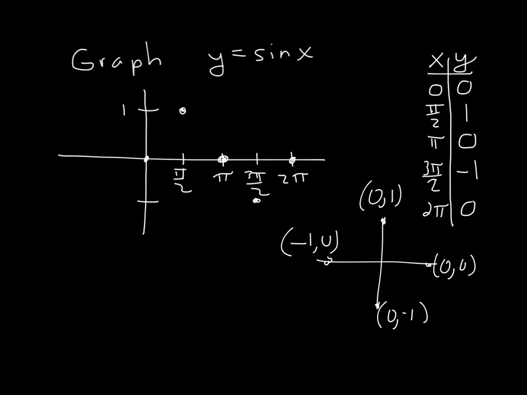And the graph's kind of doing this thing right here. And then it's going to keep doing it. It's going to actually come back up and hit a high point and come back down. It's going to do the same thing over here. This would be negative pi over 2, negative pi, etc.